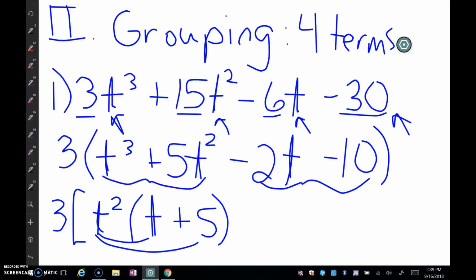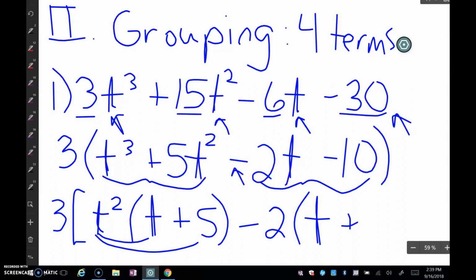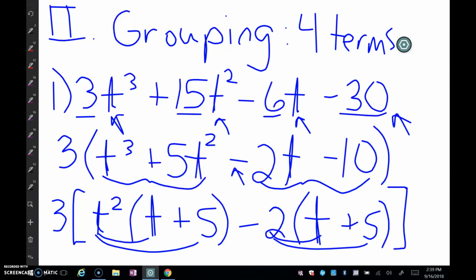Now my sign is minus here, so I bring that out. For the 2t and the 10, the GCF is a 2, so I factor a 2 out, and that gives me t. But remember, you factor the negative 2 out, so I should do a plus 5 here to get my negative 2t minus 10. So that's my first step.